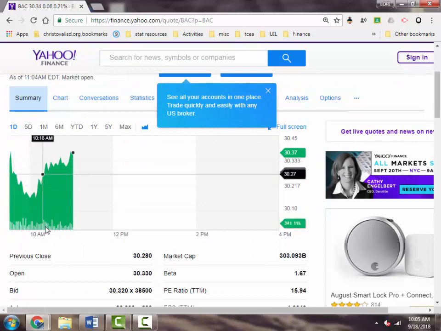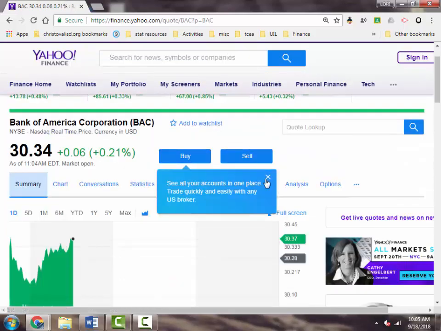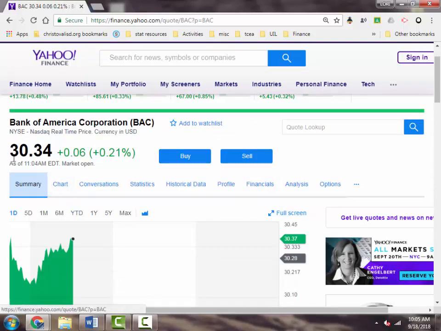This is a current one-day chart. It tells me Bank of America is trading at $30.34. So to buy one share, I need $30.34. To buy 10 shares, I need $303.40, and so forth.